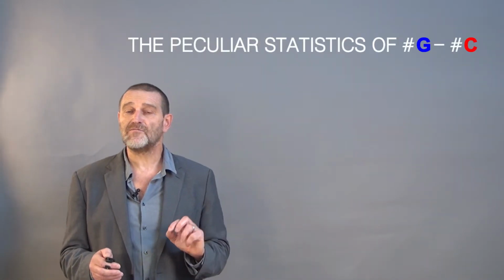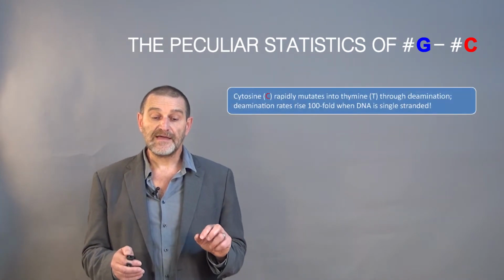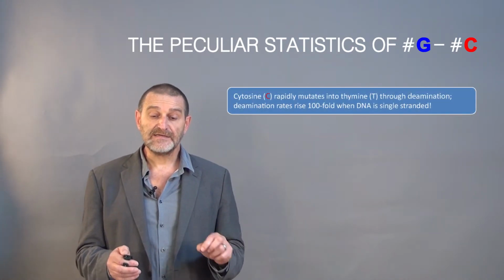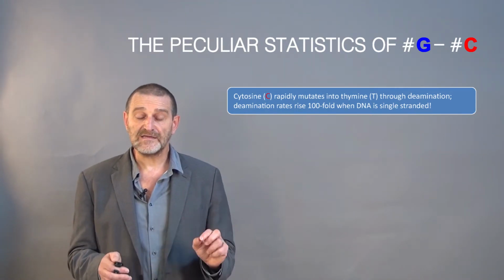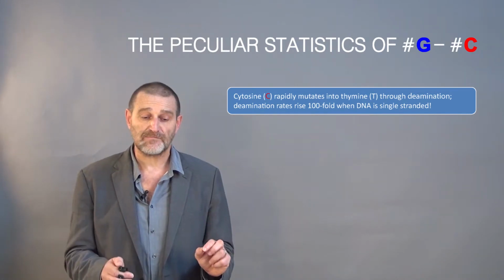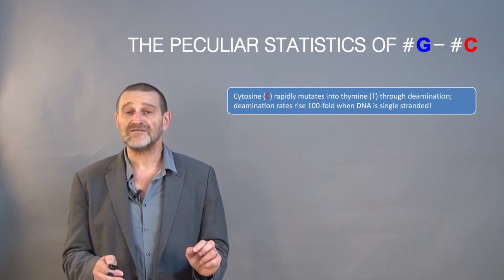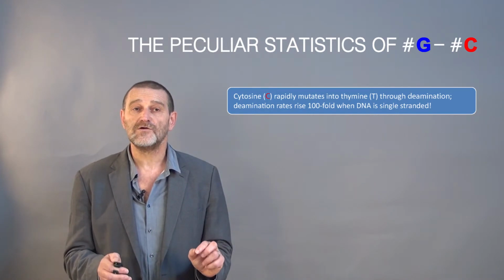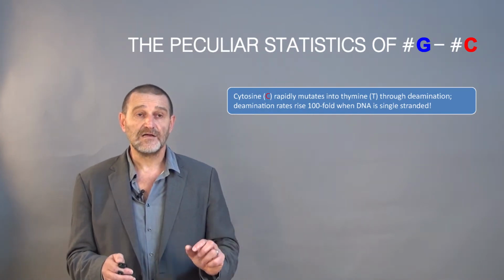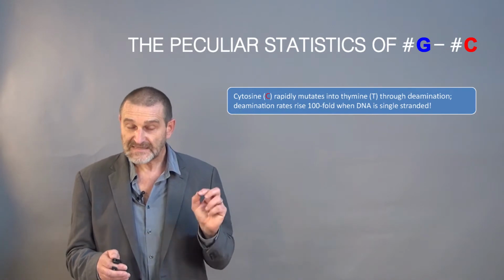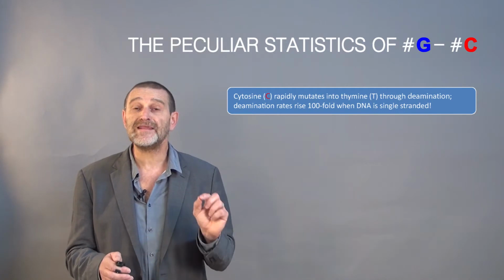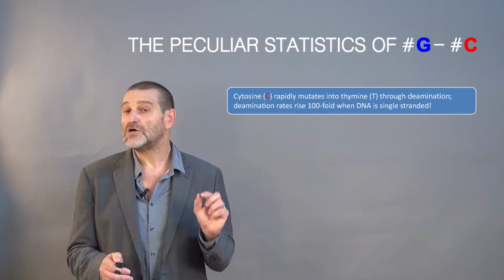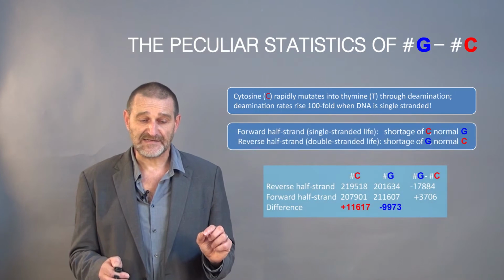It turned out that there is a peculiar statistics of mutation rates of nucleotides, and cytosine, C, rapidly mutates into T. What is quite amazing is that through this deamination process, the rate of mutation rises 100-fold when DNA is single-stranded, which means that the strands that live single-stranded life very quickly get depleted from C. What does it mean for us as algorithm designers?